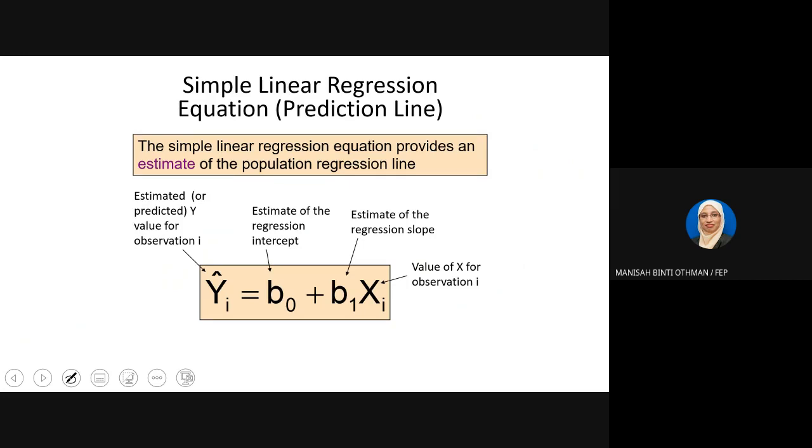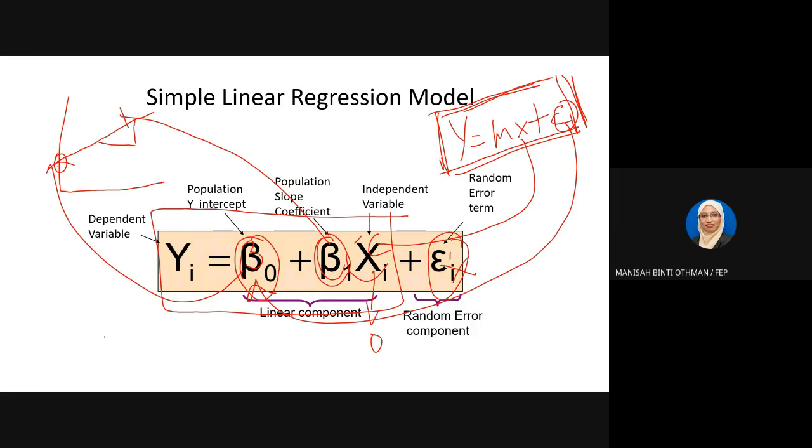Now remember that when we have data in statistics, we collect based on the sample data. Then based from that sample data, we create the regression equation. Then we can use that to predict for the future. The previous one is the equation for population.